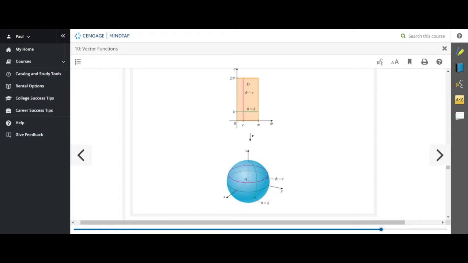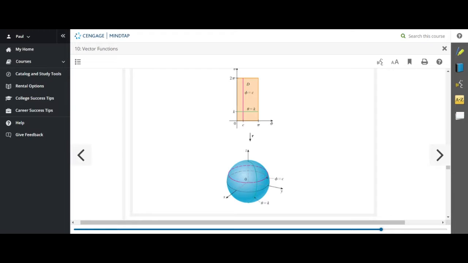So the point is when you hold one of the parameters constant, it traces out a grid curve, and that's what you see up there in the region D, where phi can go from 0 to pi and theta can go from 0 to 2 pi. They're drawing two lines on that domain.